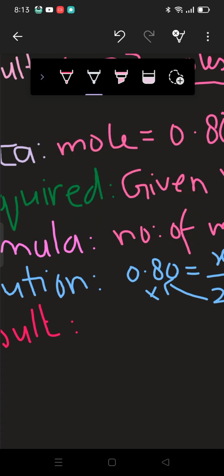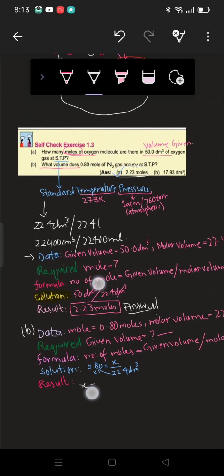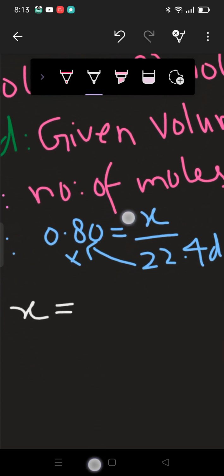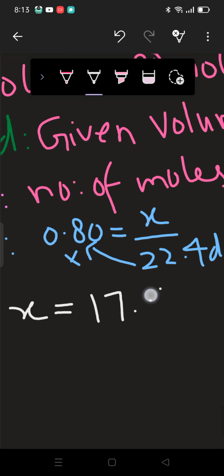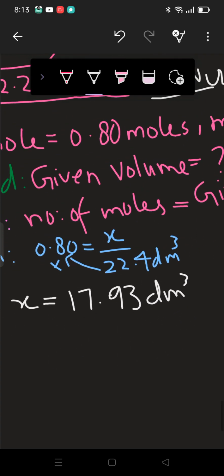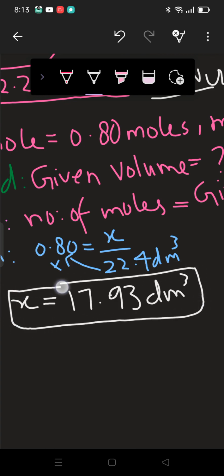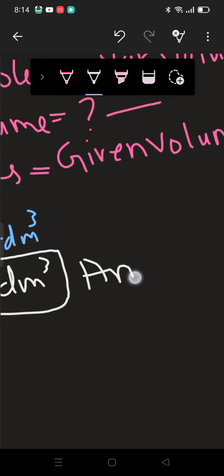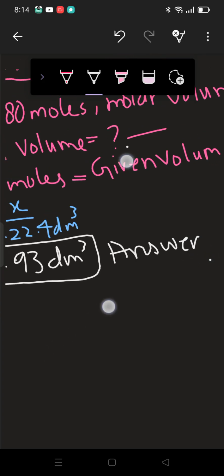So finally the result we got is x is equal to the volume, 17.93 decimeter cube. This is the result, or you can say this is the answer.